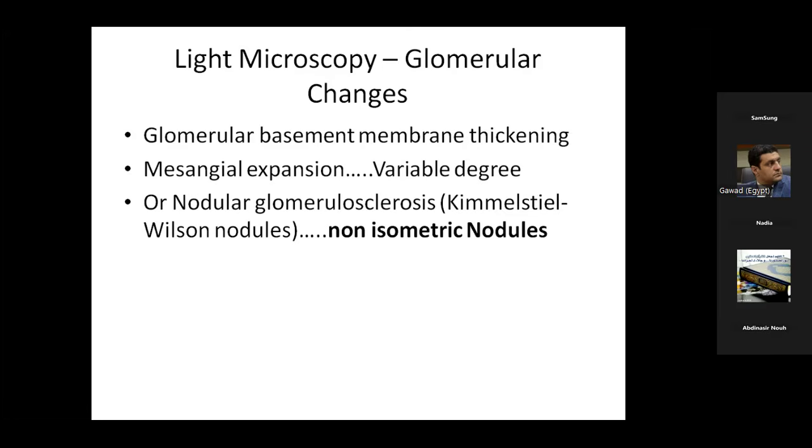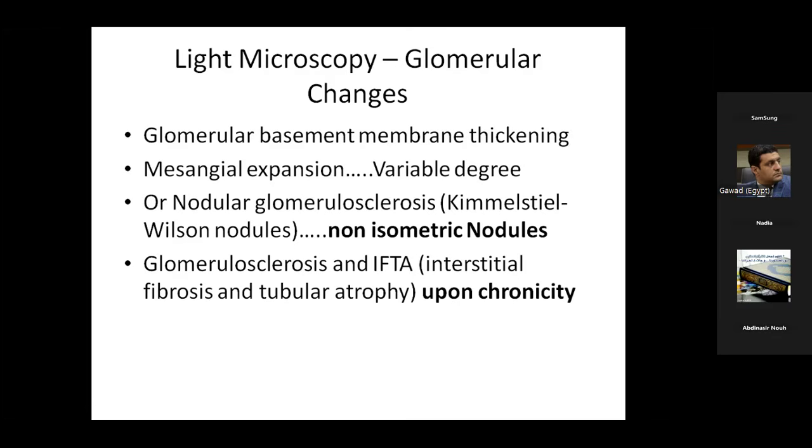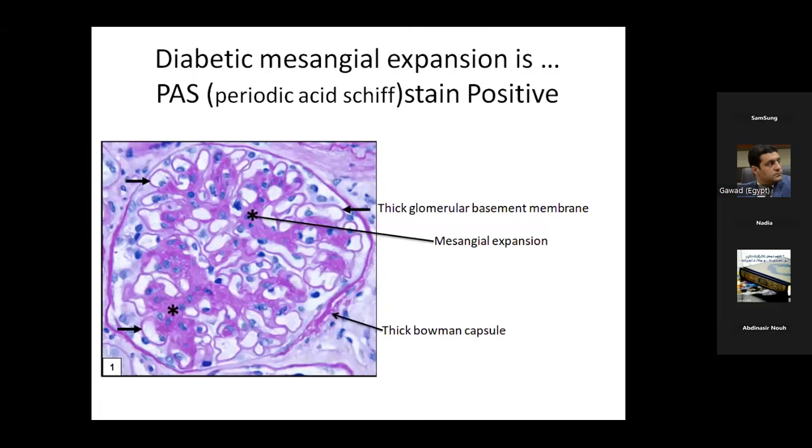It could be diffuse or nodular, as in the Kimmelstiel-Wilson nodules, which are usually non-isometric in their size. And with chronicity, glomerulosclerosis and IFTA, or interstitial fibrosis and tubular atrophy, occur.